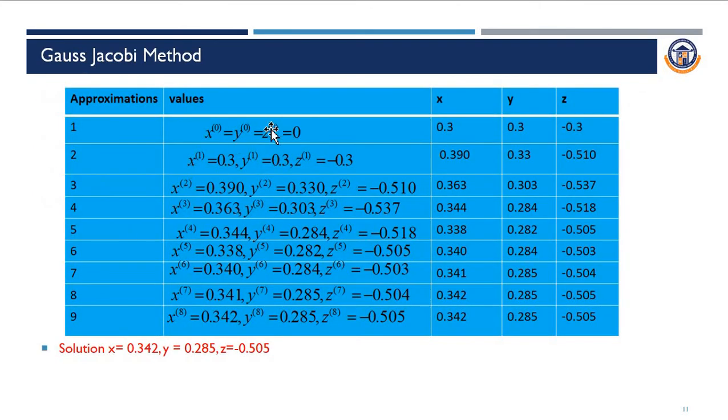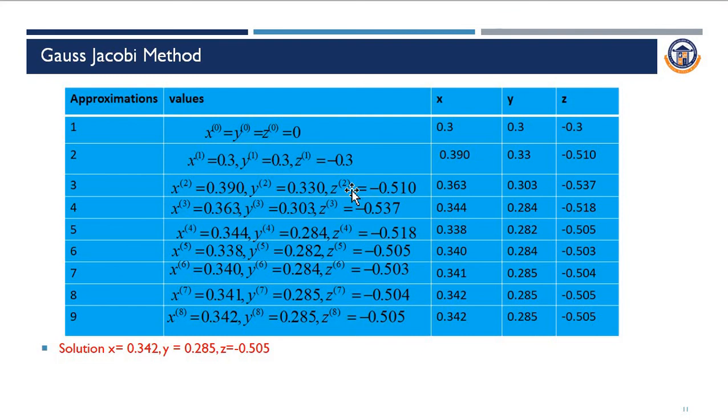After assuming the initial approximation as 0, I can calculate the values of x and y with this assumption. Now after getting these values, I can go for the first approximation as x1, y1, z1. When I go for the first approximation, wherever x comes, I can replace it with 0.3, y with 0.3 and z with minus 0.3. With the help of these values, I can get the first approximation.